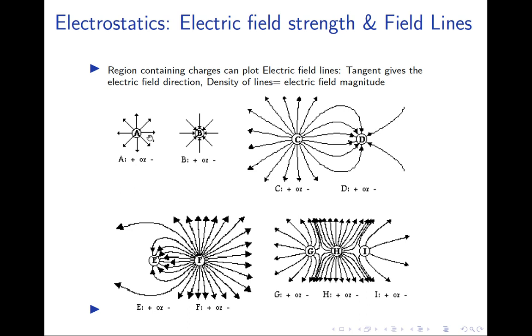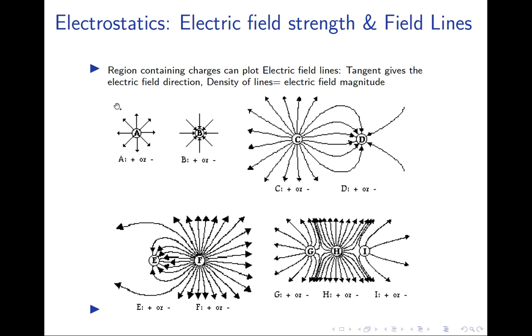And then if you look at the density, of course this is a two-dimensional projection. This situation should be three-dimensional, but we can only draw the xy plane on a piece of paper. So imagine a sphere surrounding A. The closer the sphere is to A, the closer and closer the density of these lines becomes.